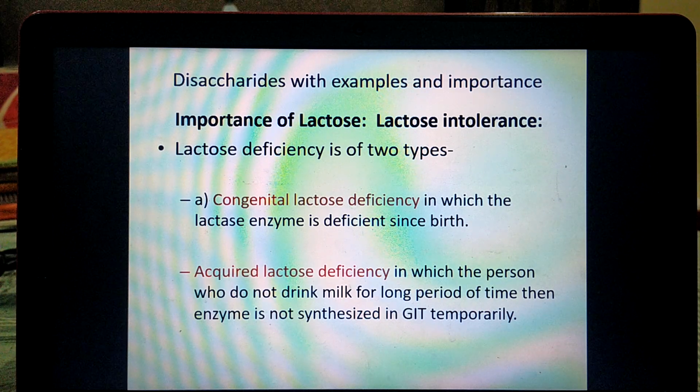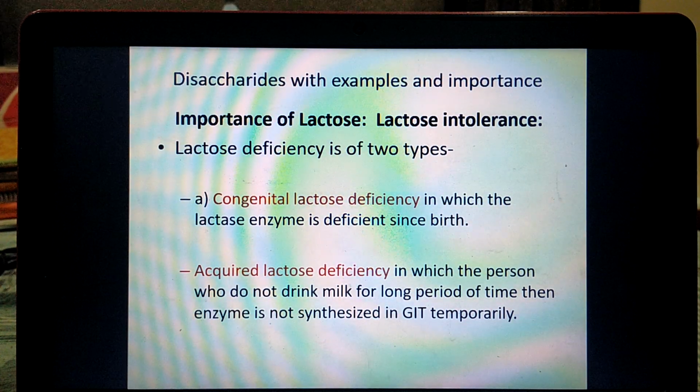In acquired lactose intolerance, the enzyme is present at the time of birth, but its synthesis does not occur in the body as the person has not drunk milk for a long period of time. So lactase is an inducible enzyme. That means it is synthesized only when the substrate is available.